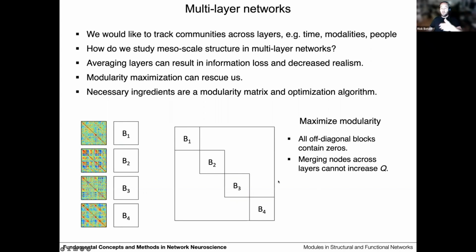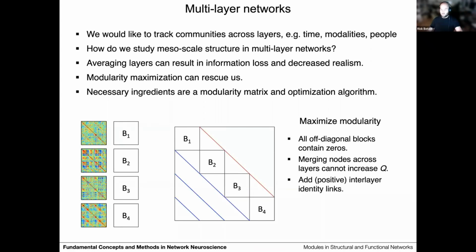So from the perspective of the modularity maximization algorithm, there's no benefit to merging communities from one layer to the next. On the other hand, if we were to add small interlayer coupling, identity links linking one node in, let's say, layer 1 to itself in layer 2, this creates dependencies between the different layers.